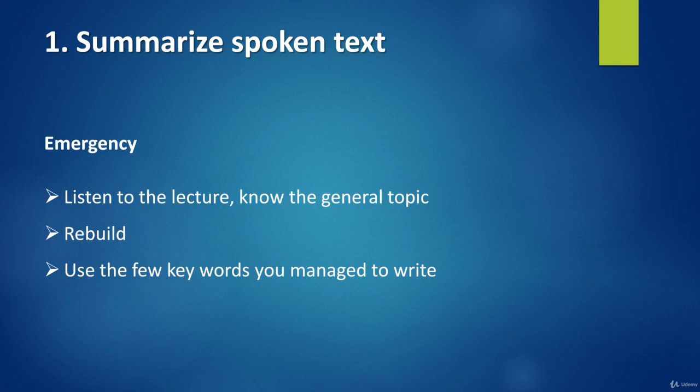You didn't understand it, but you know what it was about. For example, I might listen to a lecture about quantum physics, and I didn't understand it, but I know it was about quantum physics. That way, you still manage to get good writing and content scores.